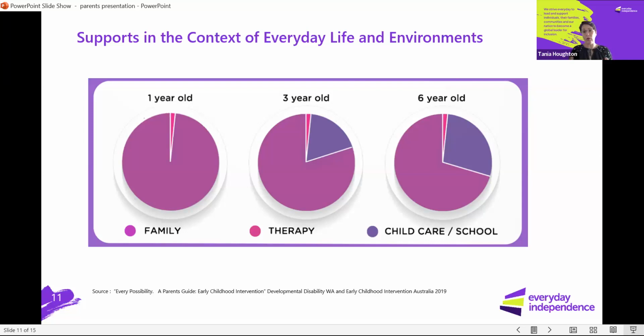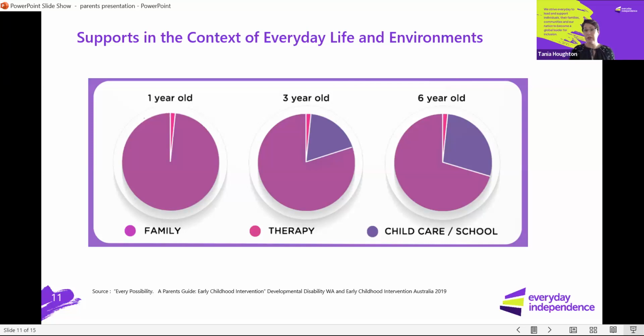And as they get older, where they spend their time changes. So we really need to deliver support in the areas where the child spends their time. As a 3-year-old, you'll be increasingly seeing children attending childcare, and as a 6-year-old, they're increasingly in school environments, and they're starting to think about some of those more community-based activities like sports and parties and engaging in a broader range of activities.